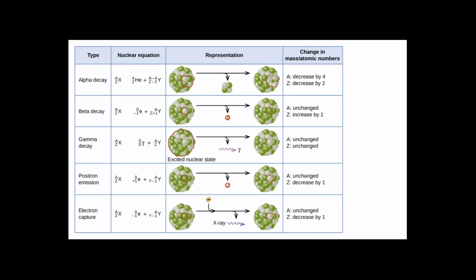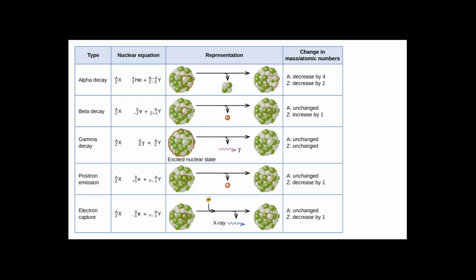So this part's important. You have alpha decay. It gives an example of alpha decay here. And notice in alpha decay, the atomic mass will decrease by 4, and the atomic number will decrease by 2.